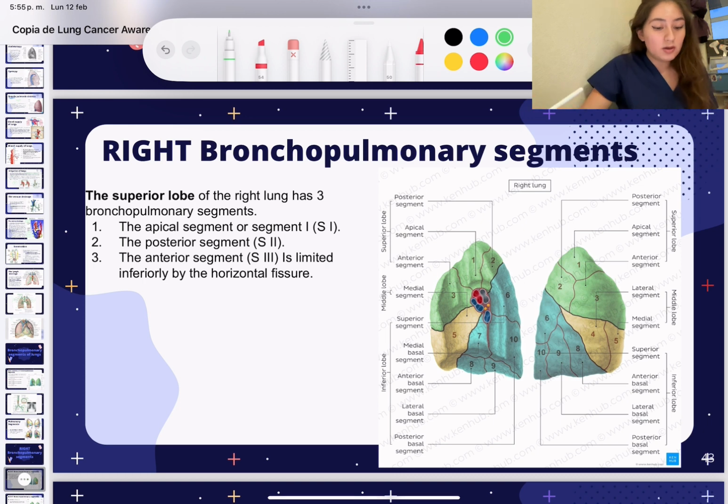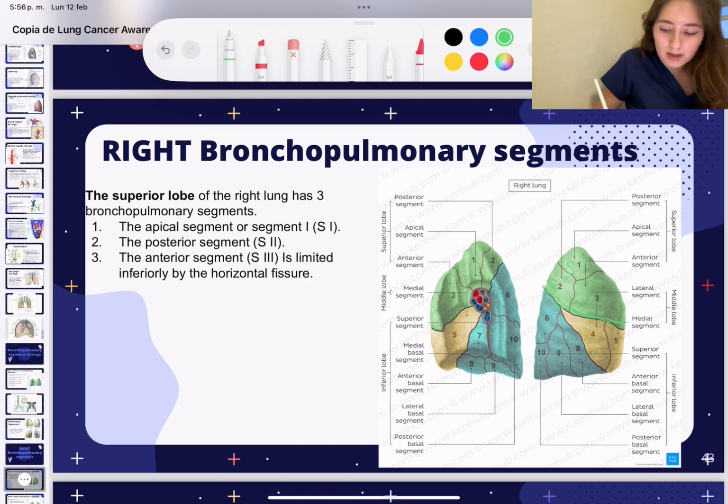The superior lobe of the right lung has 3 pulmonary segments. Apical segment S1, posterior segment S2, and anterior segment S3. It is limited inferiorly by the horizontal fissure. Horizontal fissure, this one, and we have S1, S2, and S3.